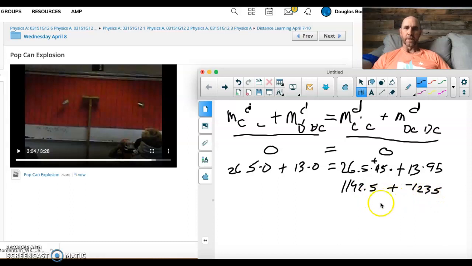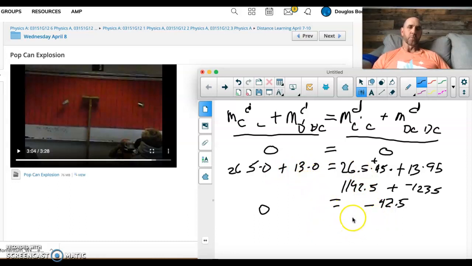You add those together, and you get a negative 42.5. So that's how far off they are. There was 0 over here. It's supposed to be 0 over here, but it wasn't exact. We're not perfect, and I'm guessing the distances a little bit, right?